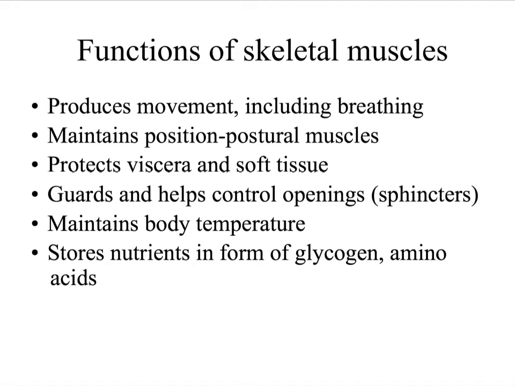Skeletal tissue is difficult to break down for your body because it's going to require a lot of oxygen. It's also going to release a lot of nitrogen, which the body is going to have to get rid of in the form of ammonia. So too much nitrogen in your bloodstream can put you into a coma and can kill you if it's not properly maintained. So it's certainly not your body's first choice of nutrient sources to metabolize.